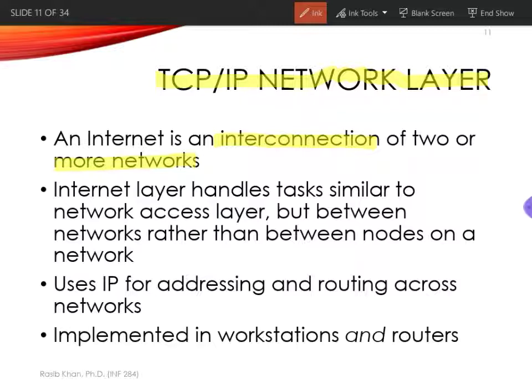So now we are going a bit further. Rather than being connected directly, we are now connecting through multiple networks. The network layer is responsible for IP addressing, something that we use to address hosts on a network, and also how each packet would be routed across the network.